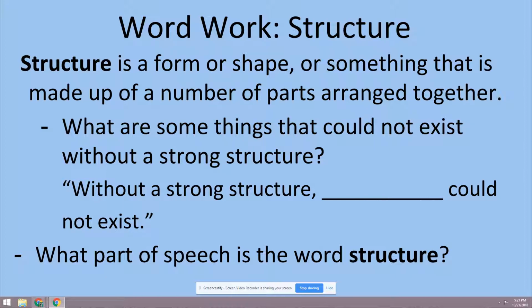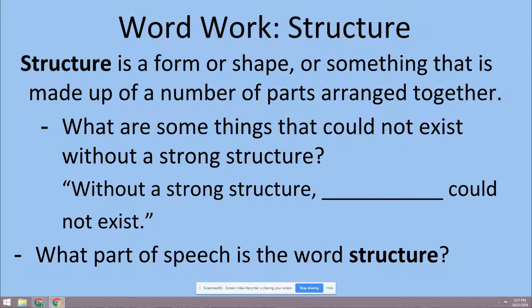And so if you were going to build a house in an area that was common to have hurricanes, you would want to make sure that you built it out of a structure that could withstand hurricanes. Same thing with tornadoes. If tornadoes were very common in an area, you would want to make sure that your house was built out of a structure that could withstand the tornadoes.